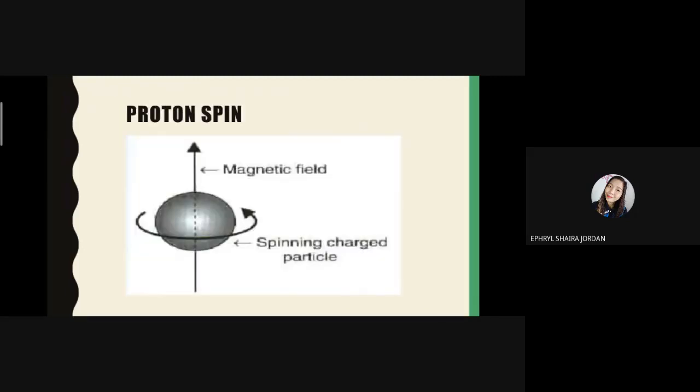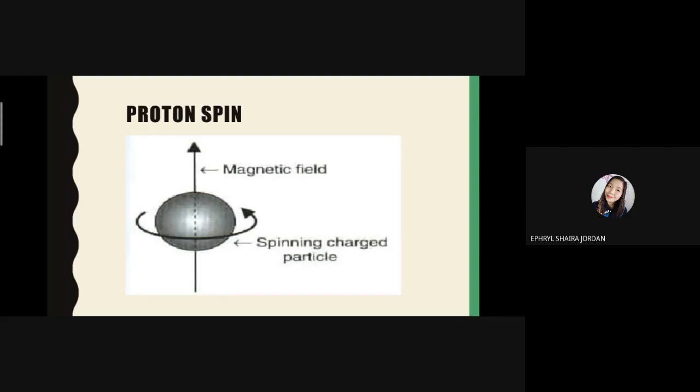Okay, again, proton spin. The concept or the principle of MRI is anchored on the fact that each hydrogen proton spins.